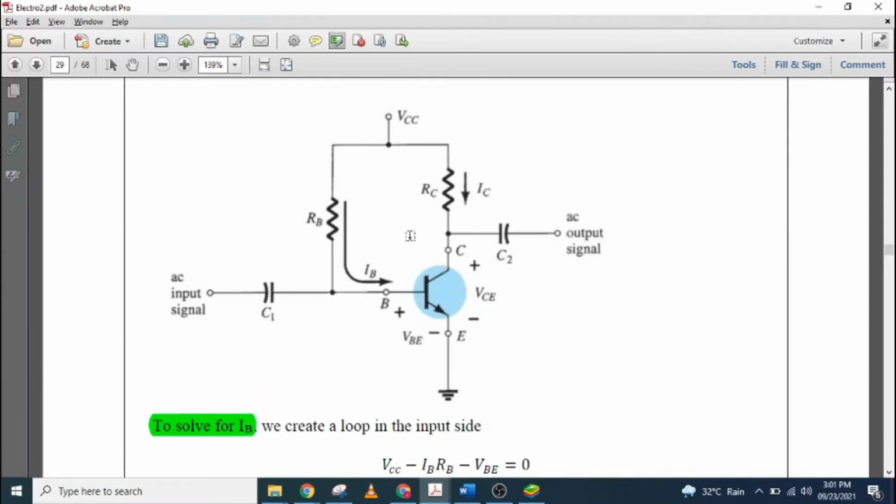So the equation here will be VCC minus the voltage drop across the resistor. The current through the resistor times the resistance will be the voltage.